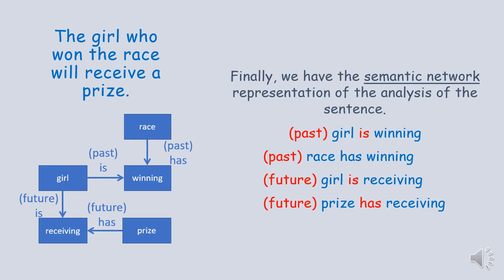The link between race and winning is also flagged as being in the past. The link between girl and receiving is flagged as being in the future. And finally, the link between prize and receiving is also flagged as being in the future.